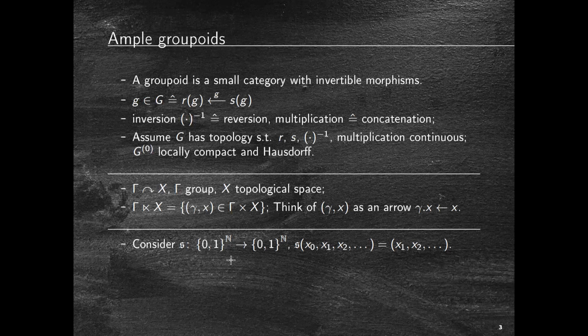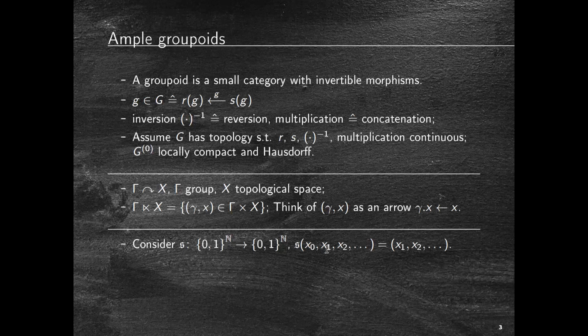And then you have the shift map, which just forgets the very first, or 0th, component of the infinite sequence. So this is, again, something that people consider in dynamics. But in contrast to the previous example, this is now not invertible anymore. So this is only one-sided. We'll forget information.